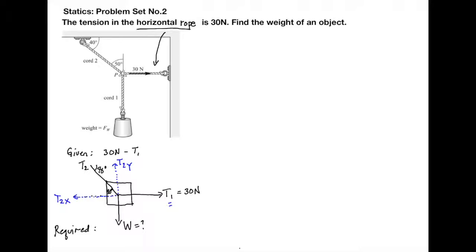Now, let's go to our equation. For the equation, we have to take note the sum of all the Fx and the sum of all the Fy. So Fx, the sum of it is 0, and the Fy, the sum of it is 0, since it is not moving and we are talking about problems in statics.